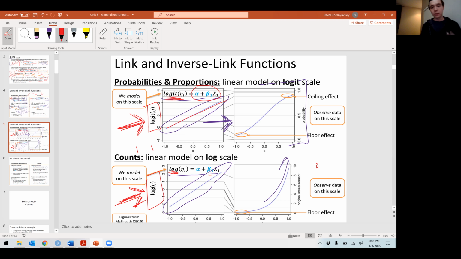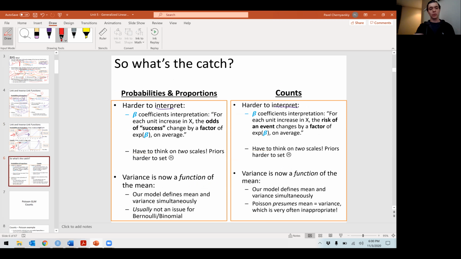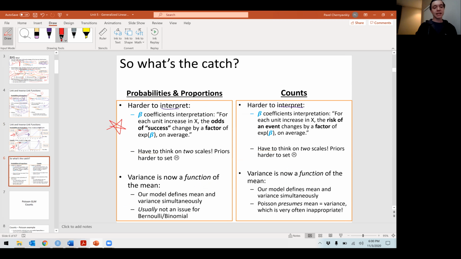That's not how we want to report results. What the heck is a logit scale? It's a log of a ratio. That is hard to think about. So we have to modify our interpretations. So betas are the increase or decrease in the multiplicative odds of success, not the probability of success, in the odds of success. And when we go through that example, I'll show you why.